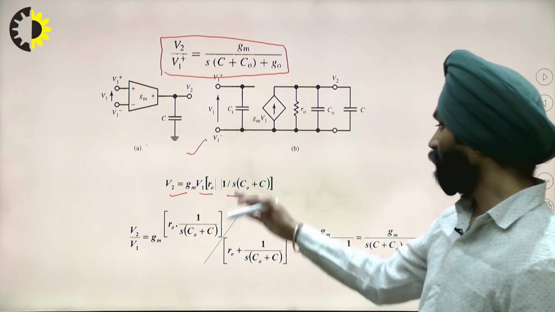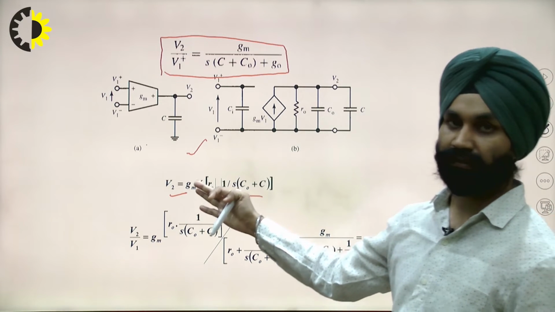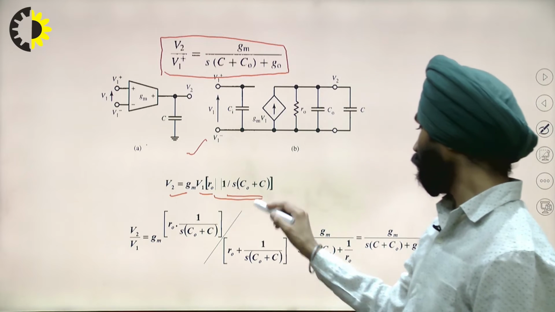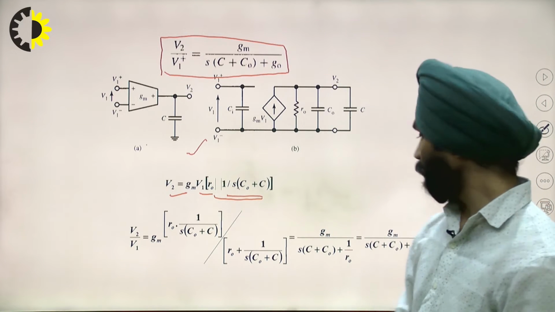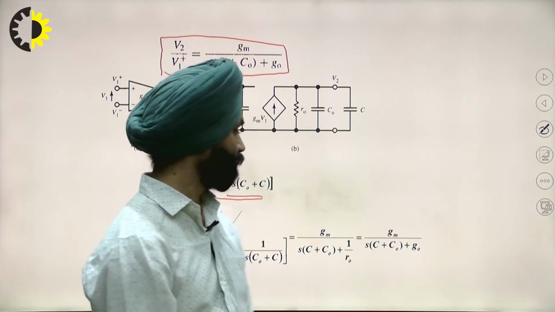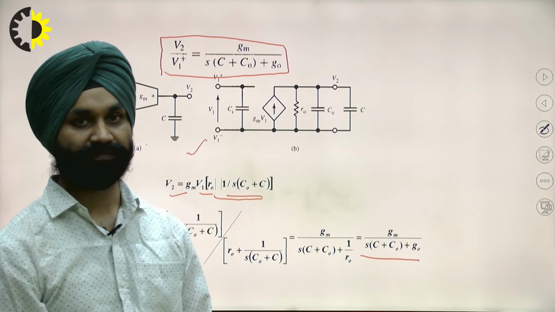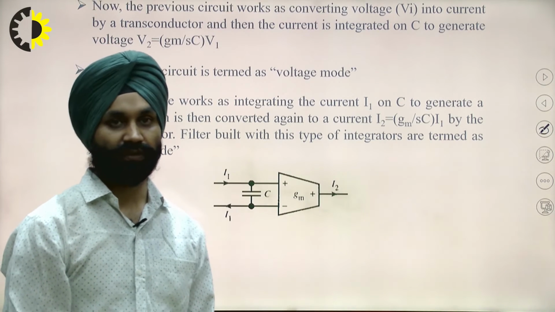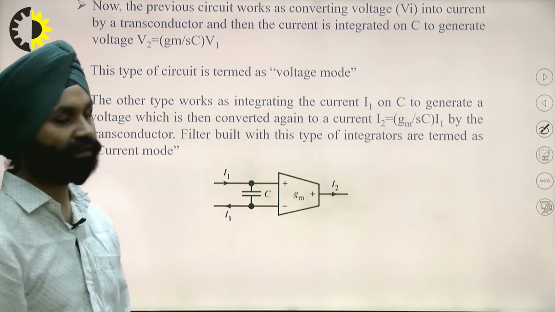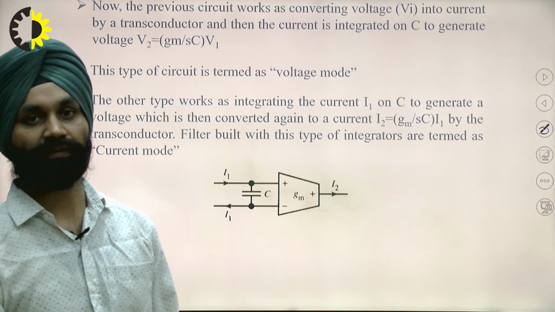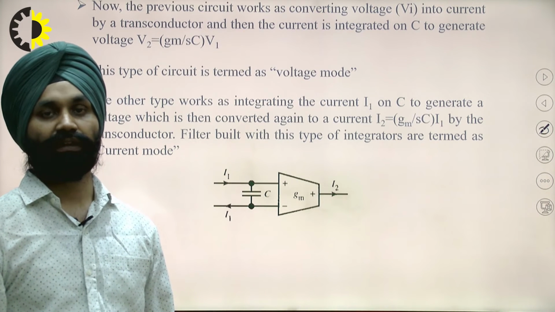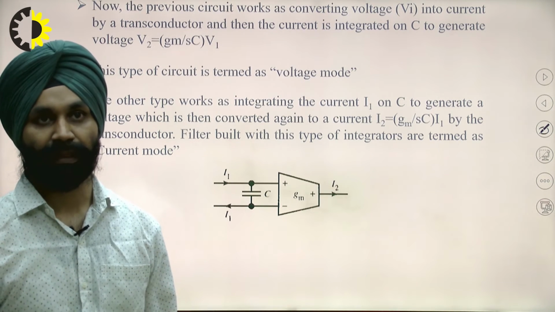If I solve this, it gives Gm over S C plus G0. This is the circuit that we have designed for the integrator.